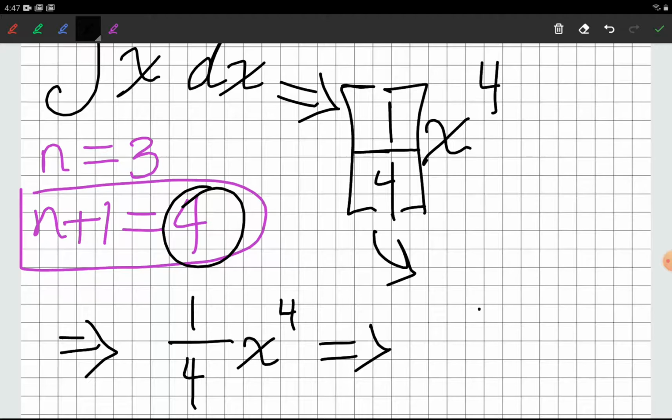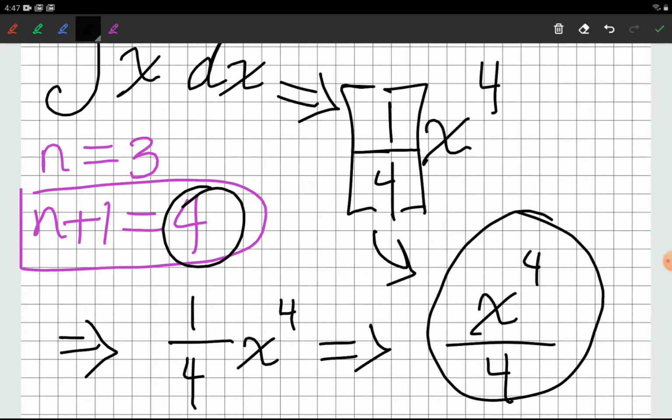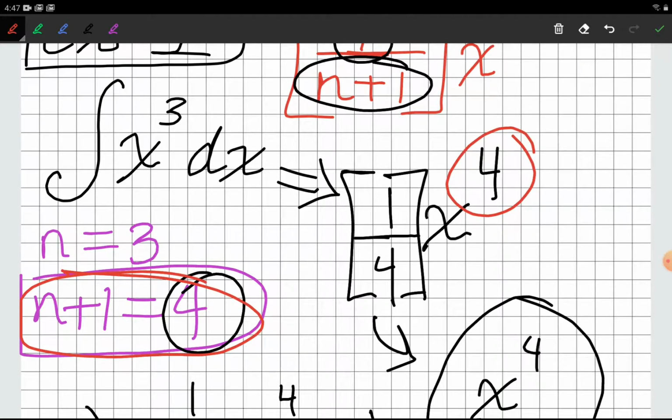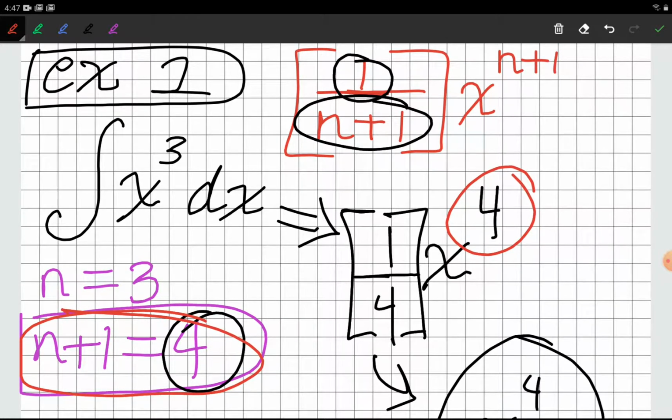That is great, but personally, I like to write it like this. And that is my answer. Okay? That's literally it. This is what I recommend you do. You find your new exponent, attach it, and then your last step, multiply the entire thing by 1 over that new exponent. So let's do another one.